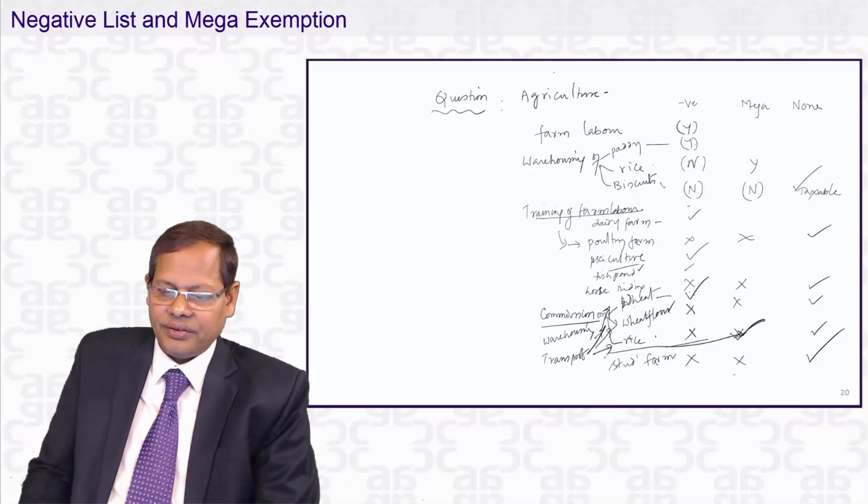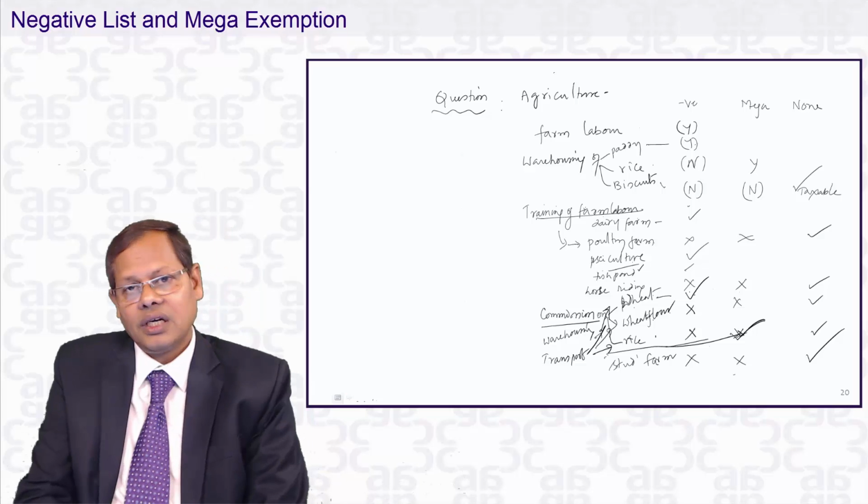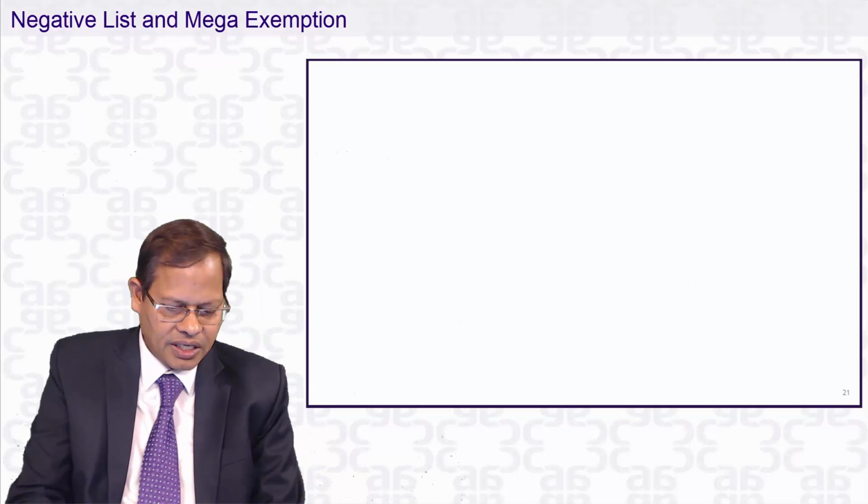Dehusking of paddy, very important. Such questions may be asked because it is in the practice manual. Dehusking of paddy to make it into rice. You are converting paddy into rice and dehusking paddy in a rice mill on job work basis.